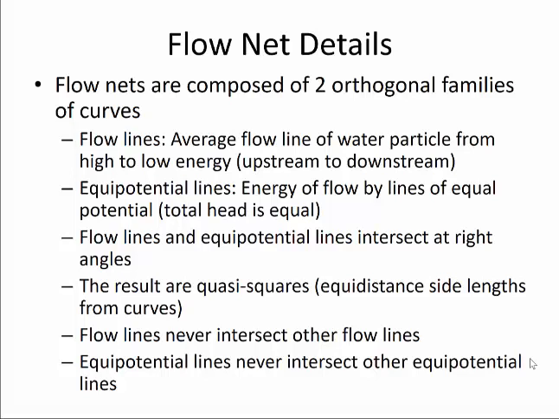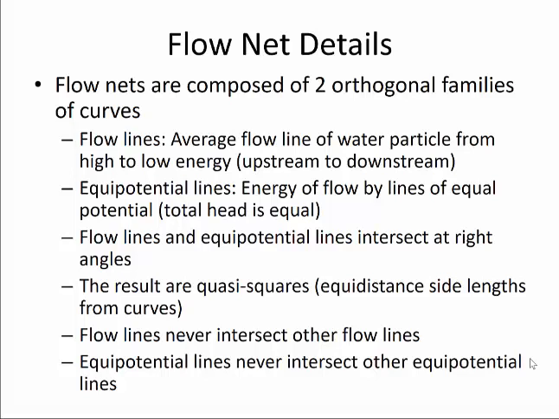They represent equal amounts of total head loss, and when they intersect each other at right angles, creating this orthogonal grid system, they result in what we call quasi-squares, which means that for the most part the grid boxes are about square shaped.